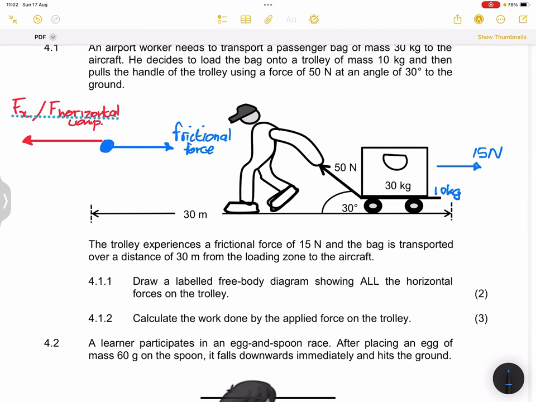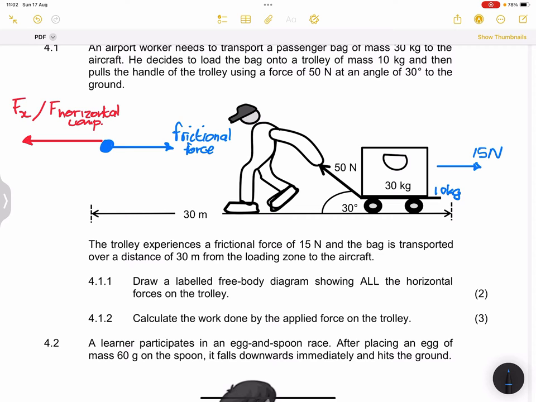Now they say to us, calculate the work done by the applied force on the trolley. This is going to be quite straightforward. We want to find out what is the work done by the applied force. There are two ways in which I could do this.